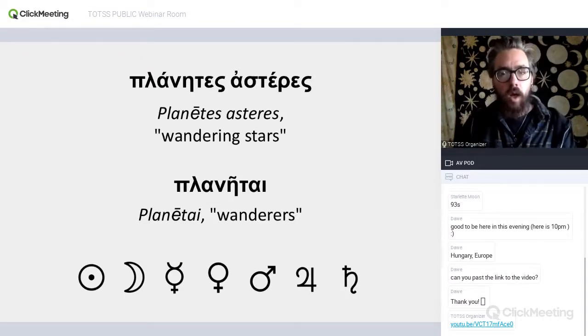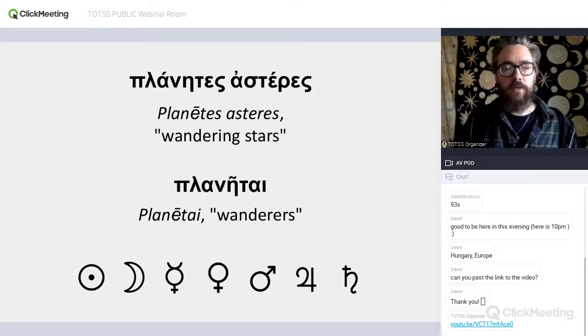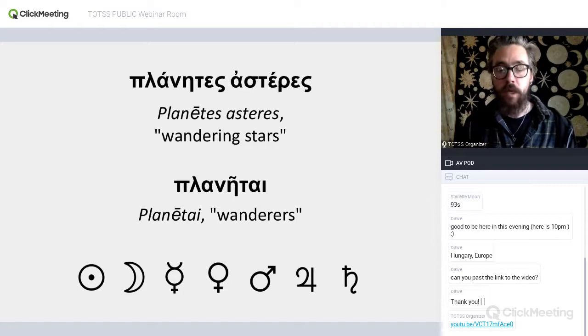All right, so we're talking about the 7 classical planets today. Now, 2 of these, the sun and the moon, we don't call planets in the modern sense, of course, but this word planets comes from a couple of Greek phrases. Apologies, I have absolutely no Greek whatsoever, but something like planetes asteres, the wandering stars, or simply the planetae, the wanderers, are both used to refer to the 7 visible, what we call the 5 visible planets, as well as the sun and the moon.